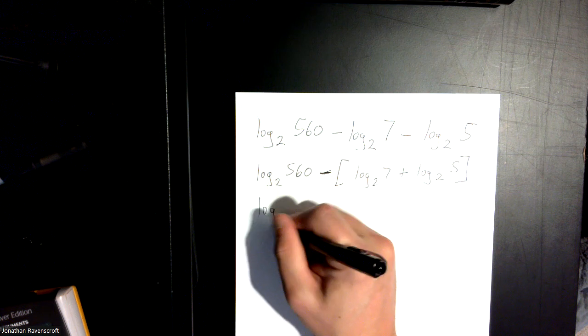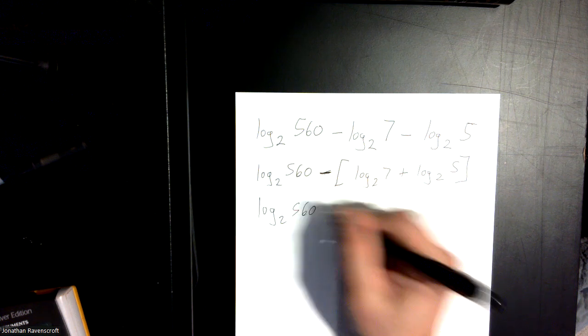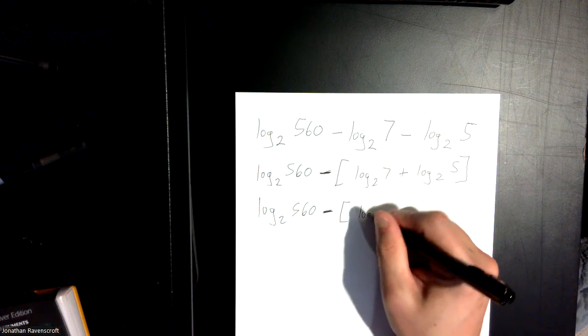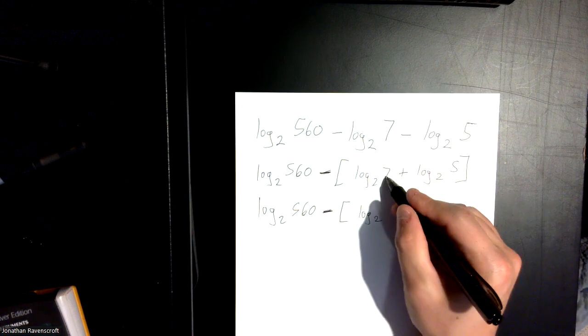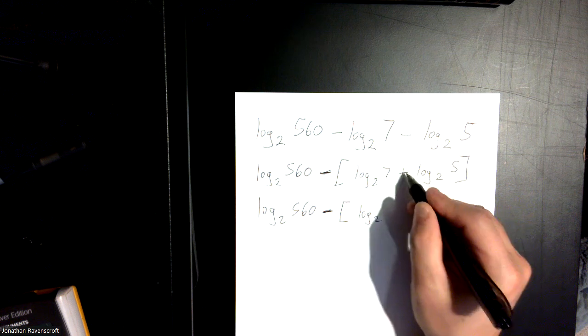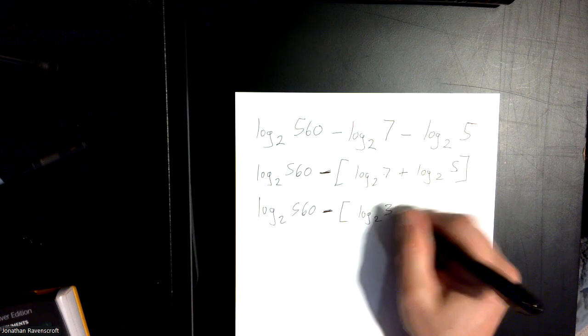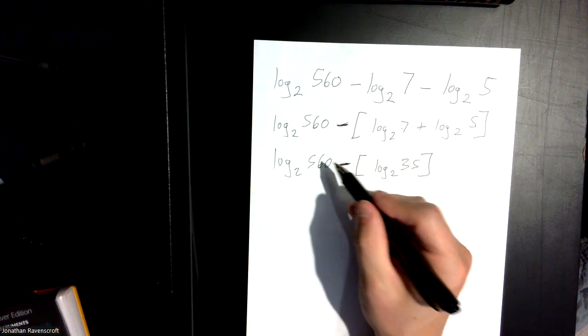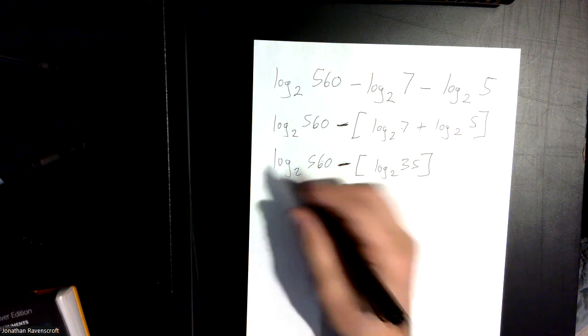So I can rewrite this as log base 2 of 560 minus the quantity of log base 2 of this times this, 35. This is subtraction, which turns into division, this divided by this.